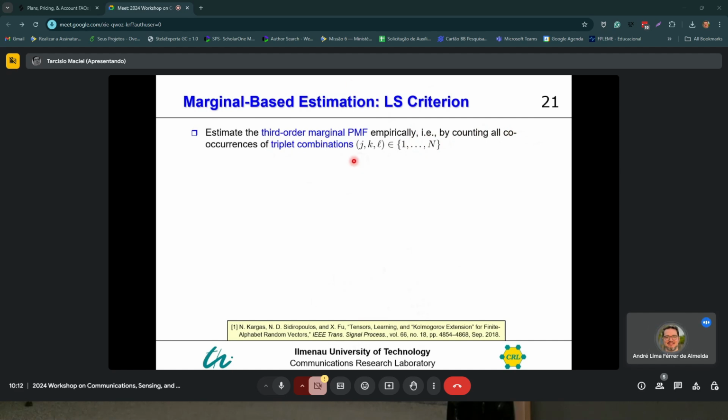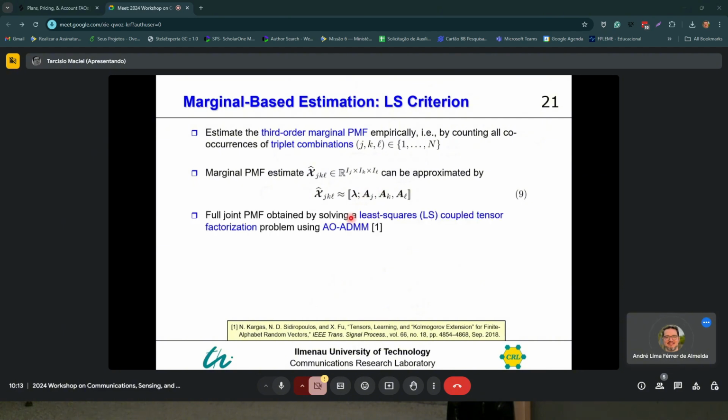Triplet combinations j, k, l, they range, of course, also from 1 to capital N, because we have n random variables. So the marginal PMF estimate, let's call it X_jkl hat, can be approximated by a CPD of order 3. So the corresponding factor matrices and this loading vector, which of course only contains 3 components here.